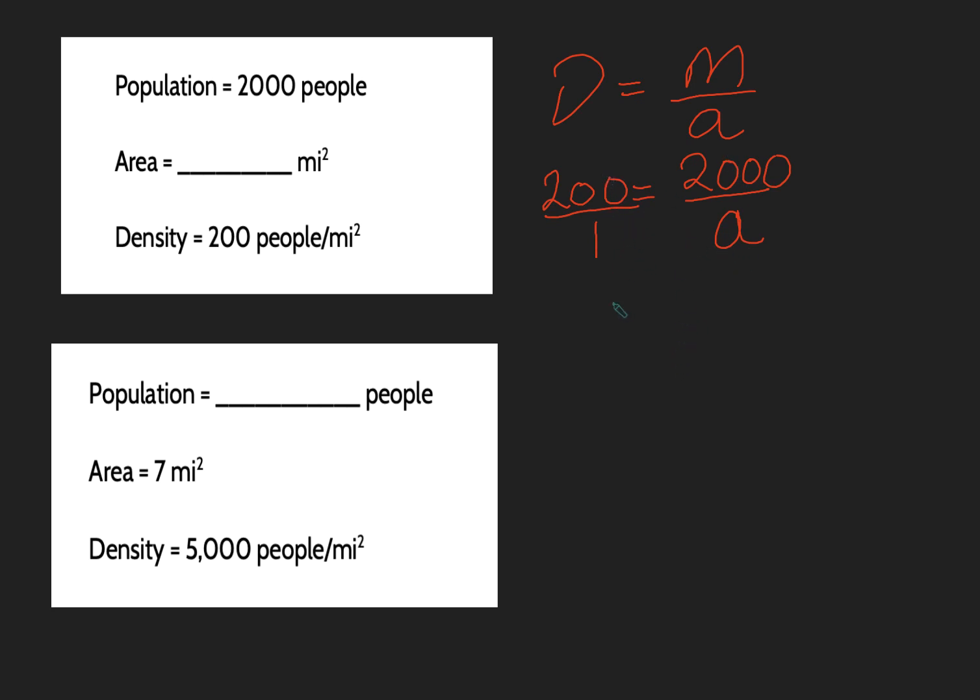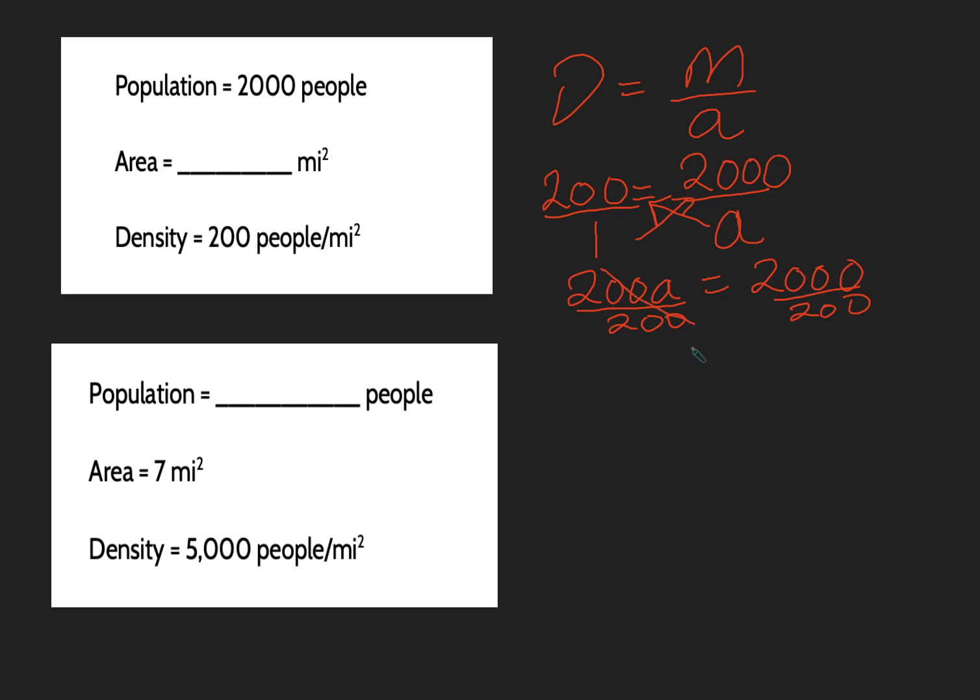Now to make it easier on yourself, to solve for A, we would cross multiply. So 200 times A is 200A. And 1 times 2,000 is 2,000. And now I've made it into a one step. And to solve for A, I would divide both sides by 200.